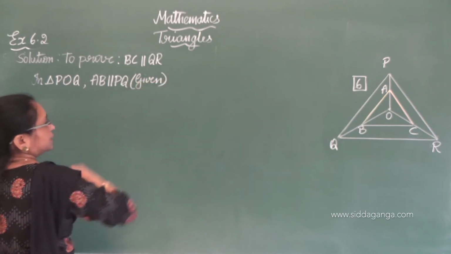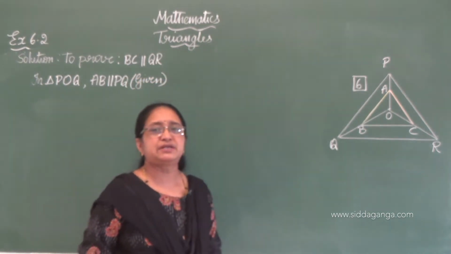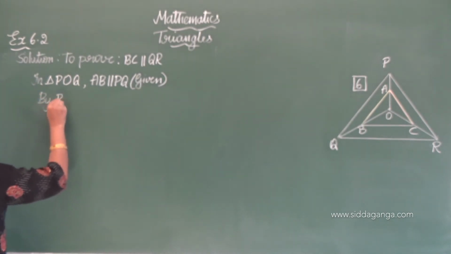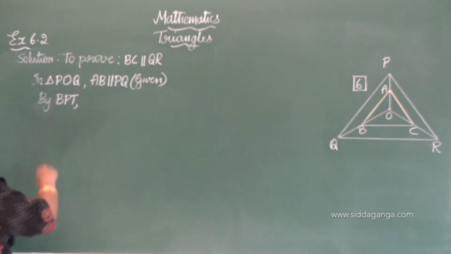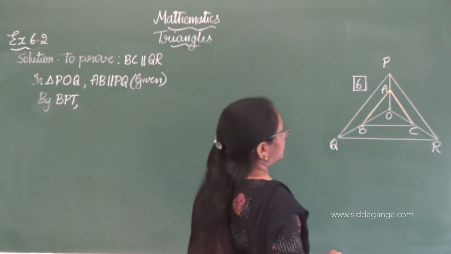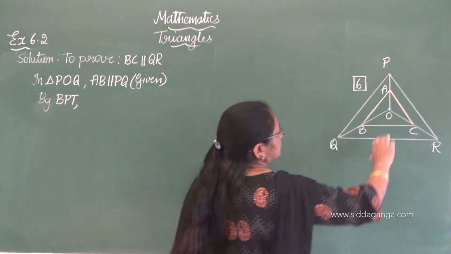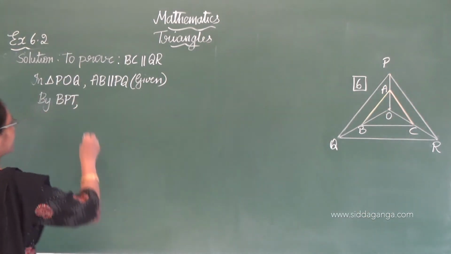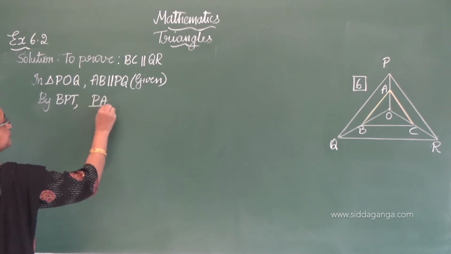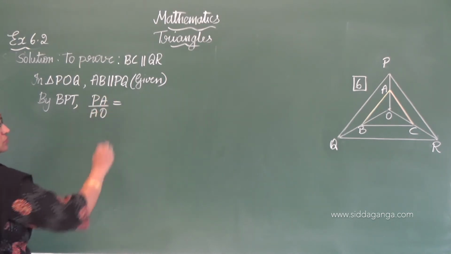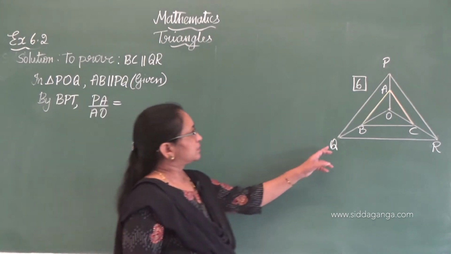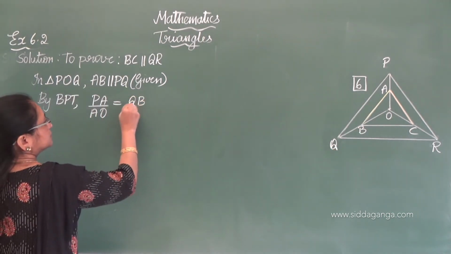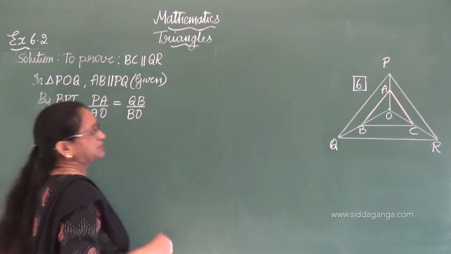Now therefore by BPT, what can we say? We can say that PA by AO is equal to QB by BO. I hope it is clear.